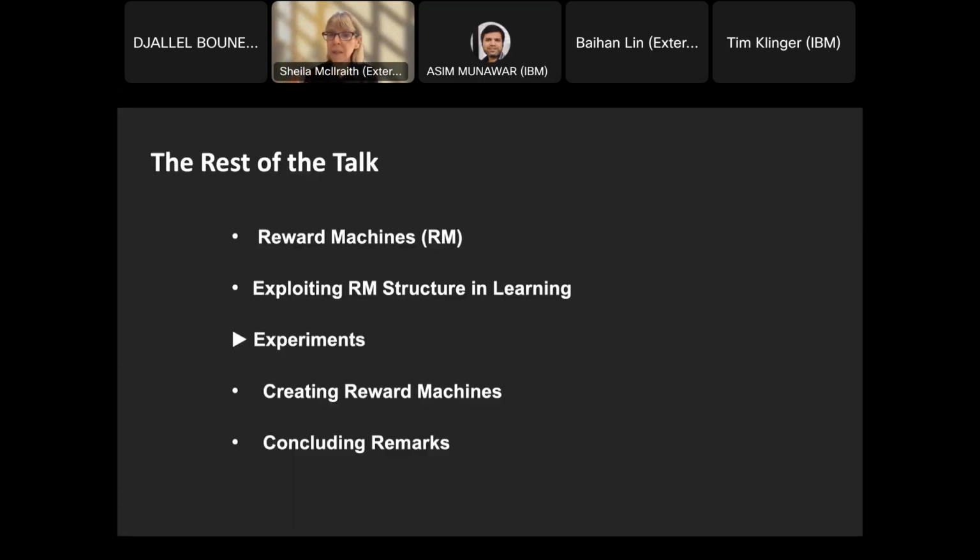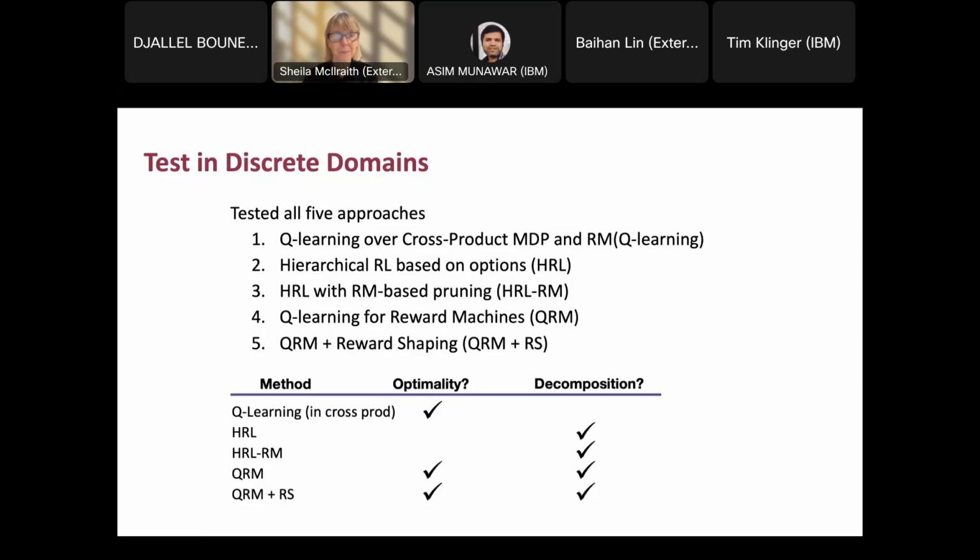So now I'd like to tell you about some experiments. We tested in discrete domains, and I'm going to show you a subset of our experiments: Q learning in the cross product, hierarchical reinforcement learning with and without a reward machine, QRM, and QRM with reward shaping.